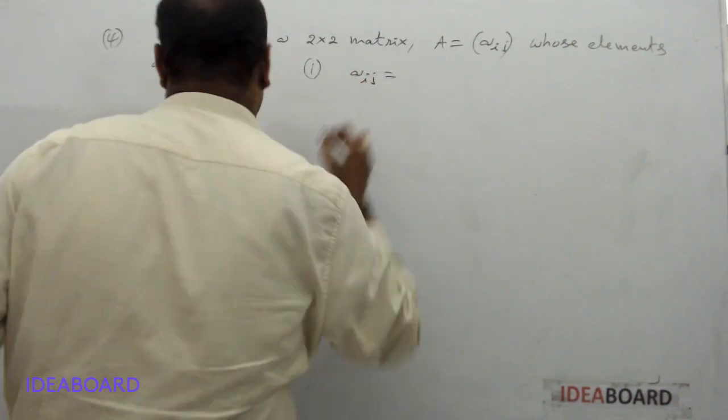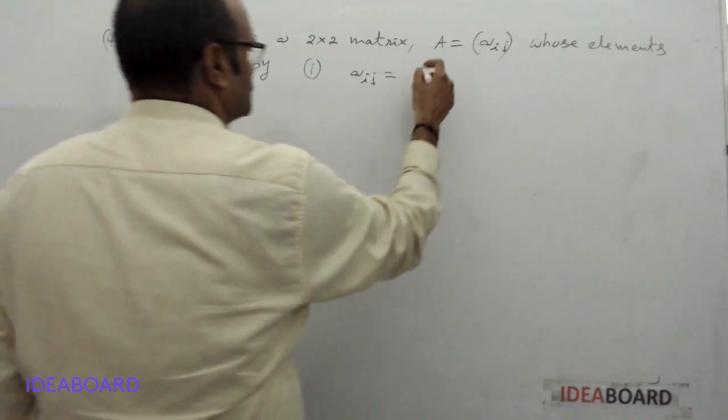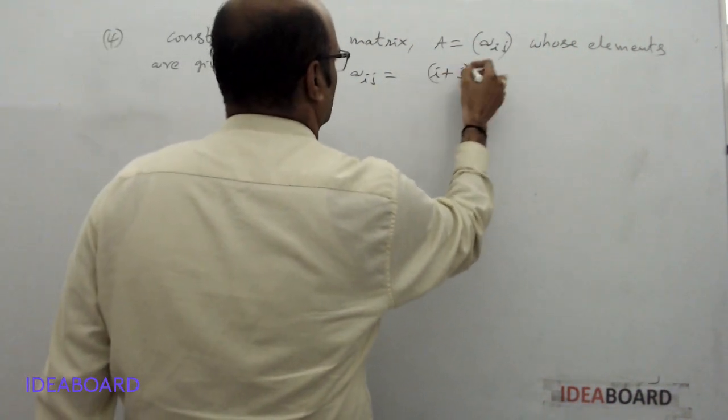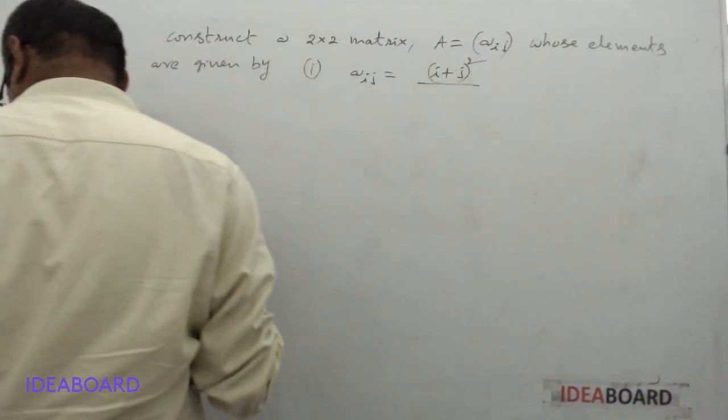Aij equal to (i plus j) whole square by 2.